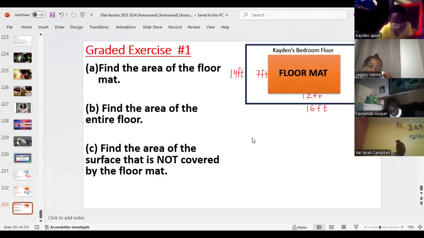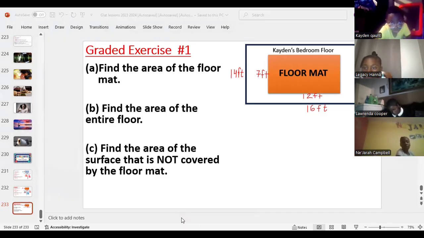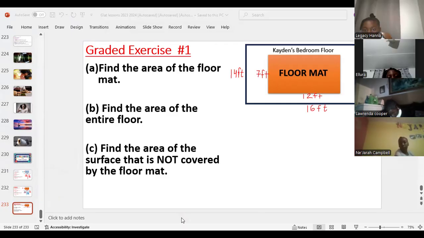Najara, number one. I'm on the third one on the second one. Okay. Allura, what letter are you on? Number B. Okay, and Madeline, what are you working on?